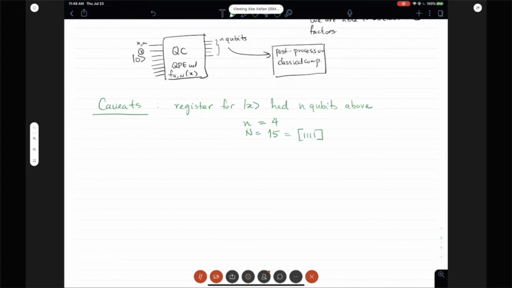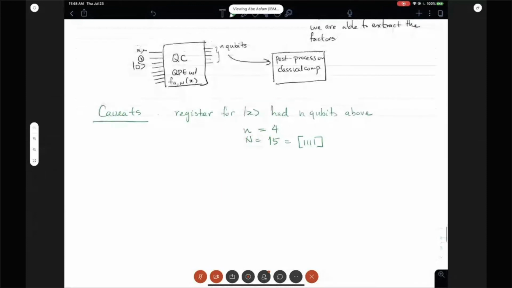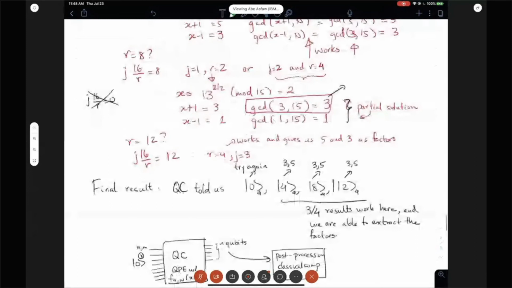In a more general case, this case is very specific and tailored to 15. In a more general case, we need 2n qubits for the input register instead of n qubits. That's one caveat that I'd like to tell you about. And the reason is that these numbers that you saw, the modular exponentiation, we didn't have more than 4 numbers in that modular exponentiation.